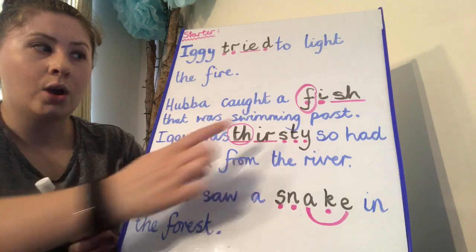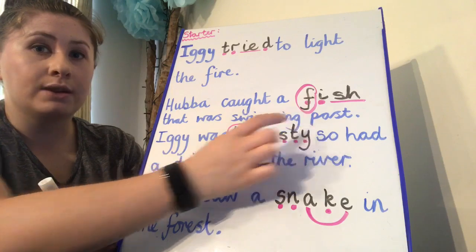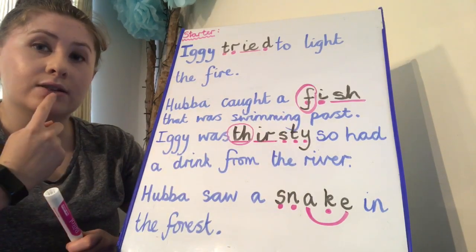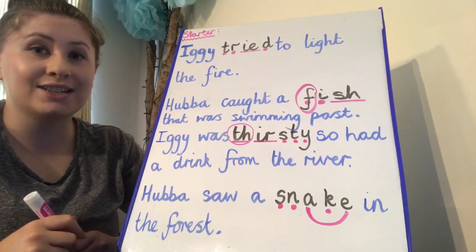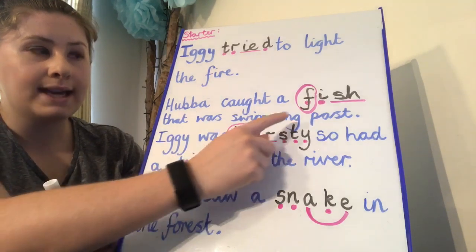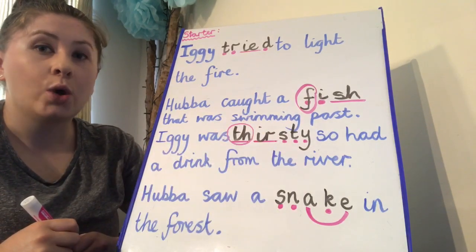Thirsty. When we do our F phoneme, you'll notice that our top teeth sit on our bottom lip, not our tongue. Fish. Fish. Thirsty. That's a way to help us work out which letters we need when we're writing our words.